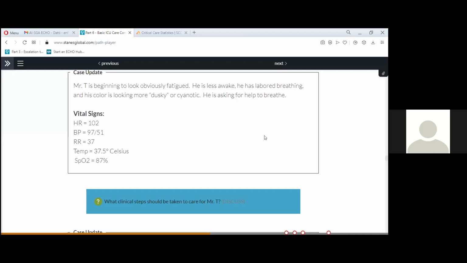So the next thing is to actually intubate, secure the airway, and connect him to a mechanical ventilator, and see how we can support him and allow him rest a bit while we try to readjust the respiratory parameters.